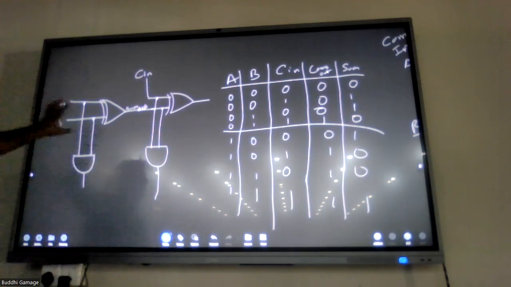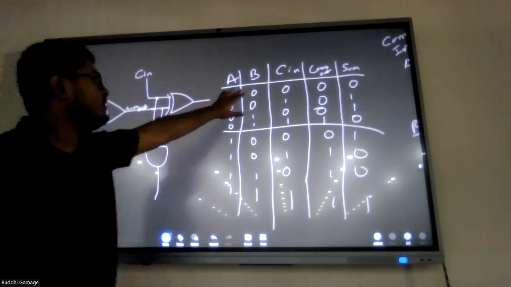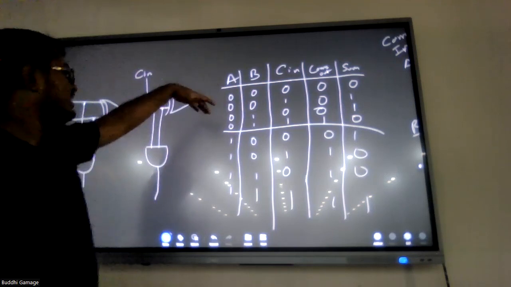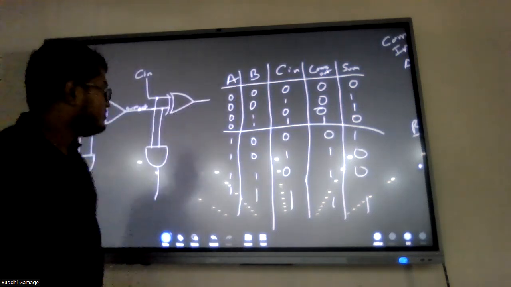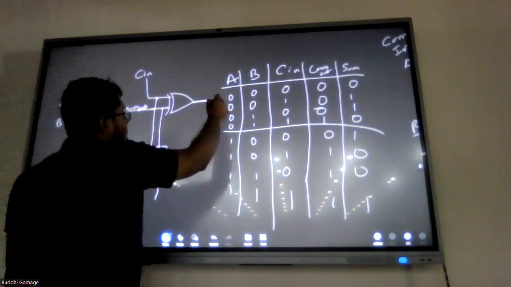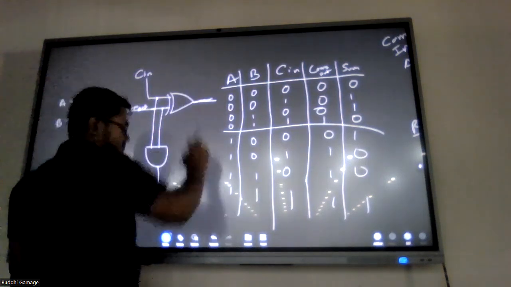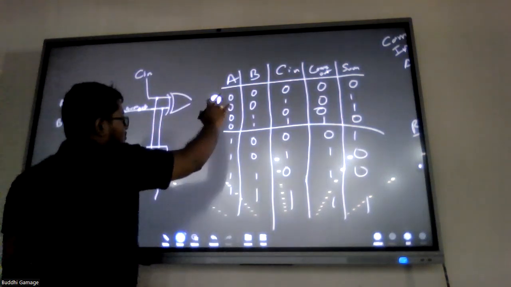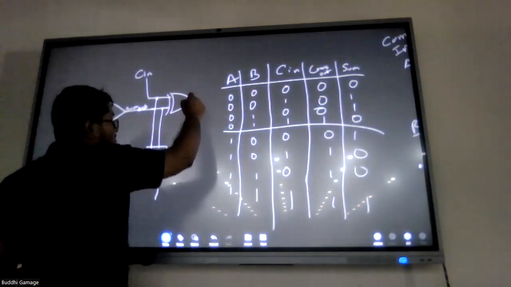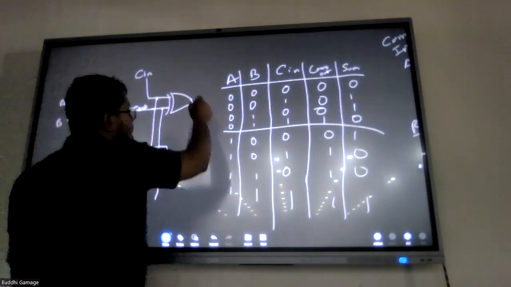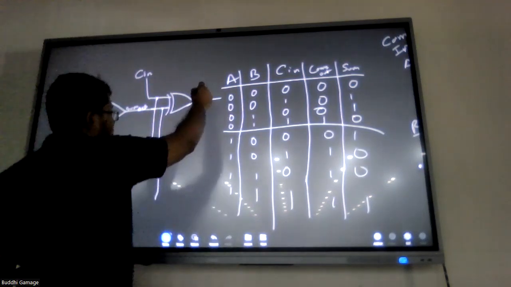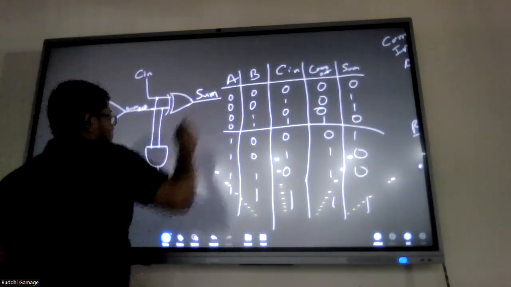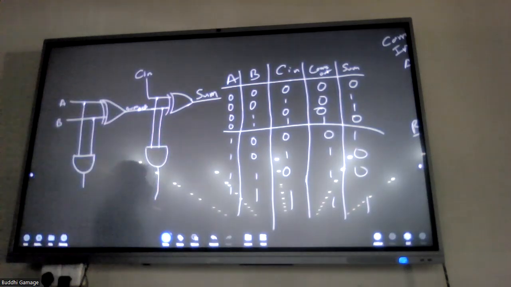First we are going to add this one, right? And the summation is going to add with this C. So what is this? Then it should be our sum, right?